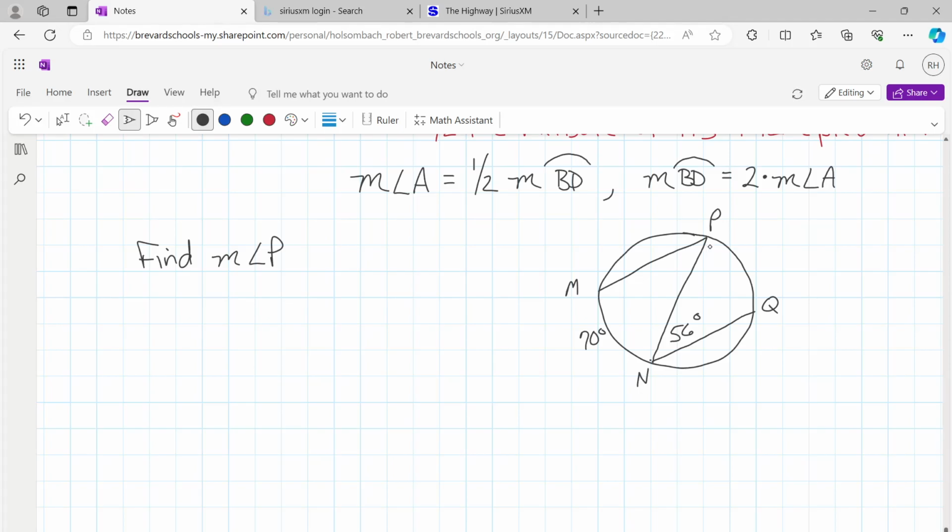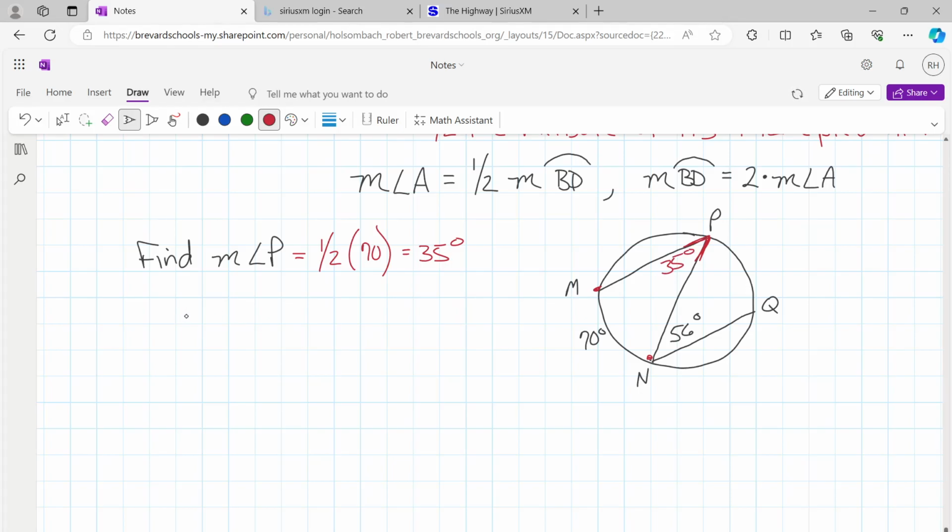All right, so if we look at angle P right here, angle P is the angle in this inscribed angle, and its intercepted arc is this arc MN. So the measure of angle P is equal to 1/2 of 70. And half of 70 is 35. So our angle P in here is 35 degrees.